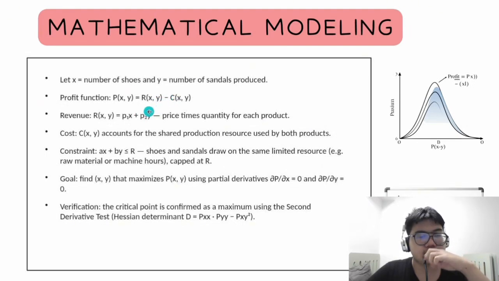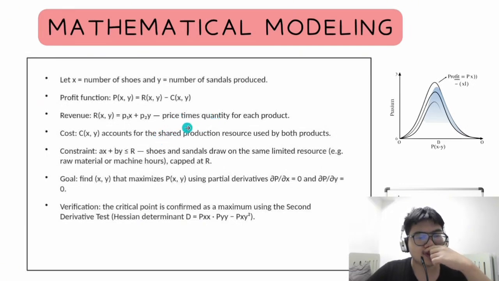This means that profit equals revenue minus cost. Revenue, which is R(x, y), equals p1x plus p2y, which is simply price times quantity for each product.